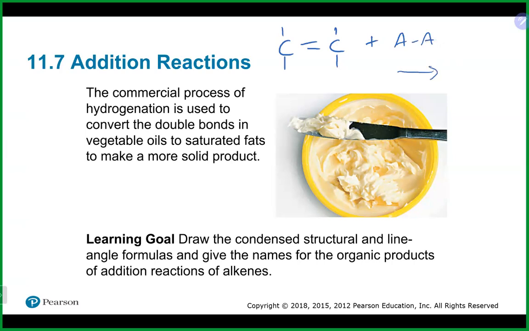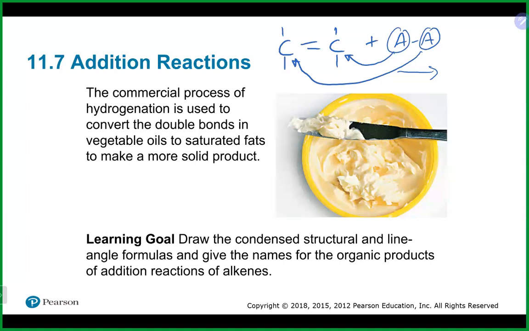If I wanted to put both of these guys on, one's going to go to one carbon, one's going to go to the other carbon, I could not do it exactly the way it's drawn because I will have too many bonds to carbon if I just put one on each of those carbons.